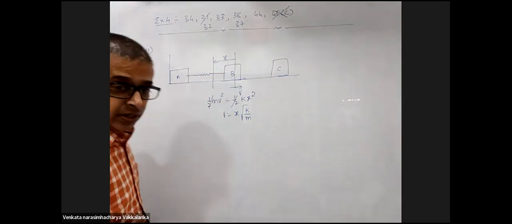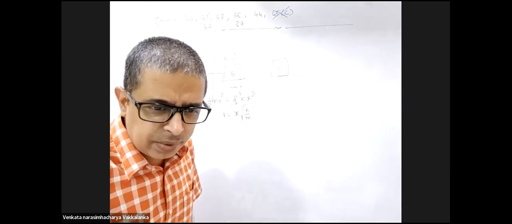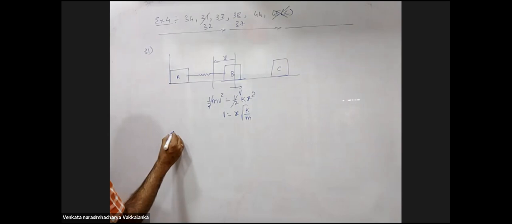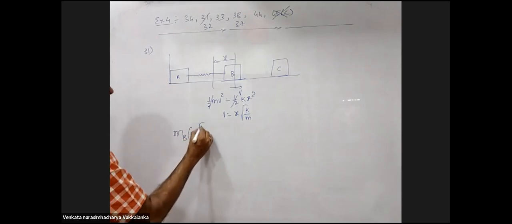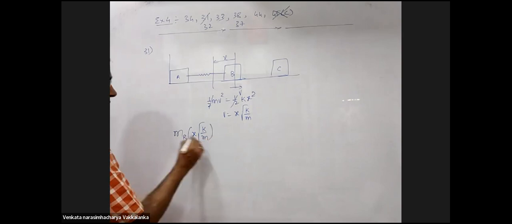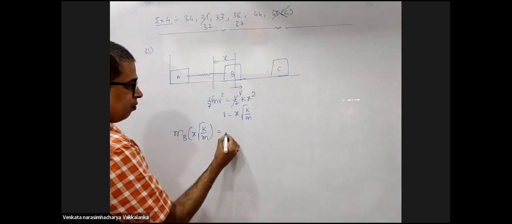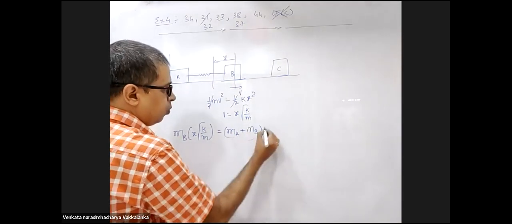And he is telling you when A and B are at maximum separation. Maximum separation, that time, matlab initial momentum is mb into x root over k by m. I am intentionally writing mb so that you know which mass I am referring to. It is equal to ma plus mb into v com.